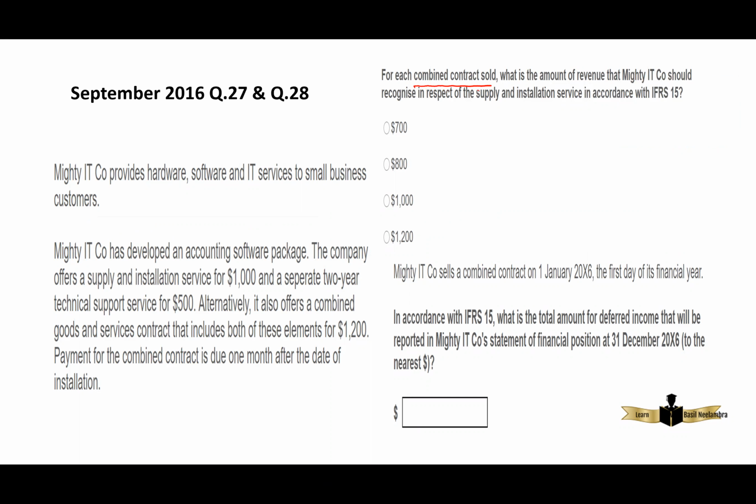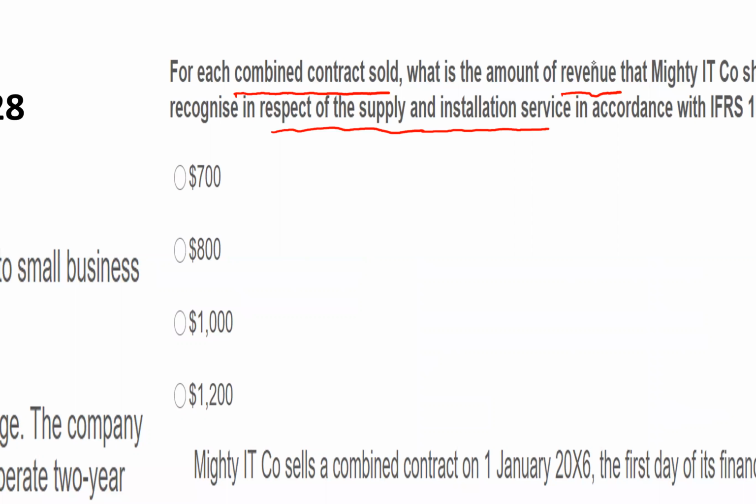Now, in a combined contract, they are providing certain combined services, maybe a product along with service. And they are very specifically asking what is the revenue that you will recognize in respect of supply and installation service in accordance with IFRS 15. Now read the options 700, 800, etc. So now let's start reading the question.